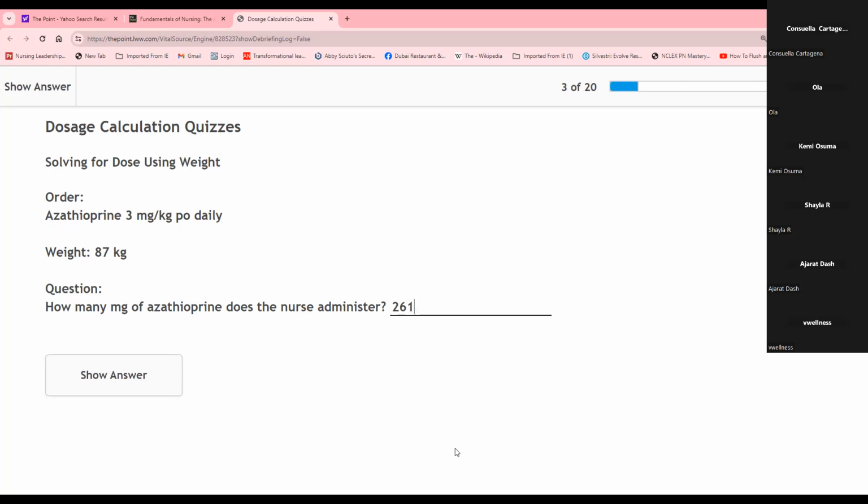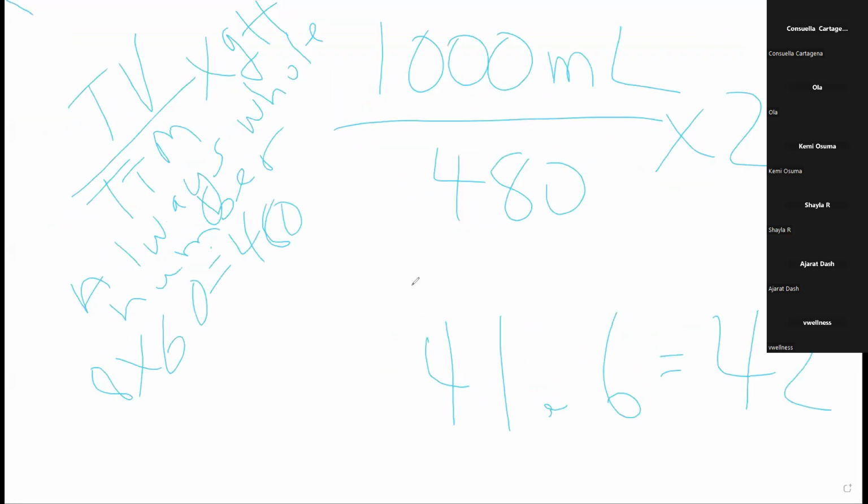So for these, you're gonna get your order, which is 3 milligrams per kilogram. And your patient's weight is already in kilograms, which is 87. So you're just gonna take your patient's weight, 87, and multiply that times the 3 milligrams per kilogram.